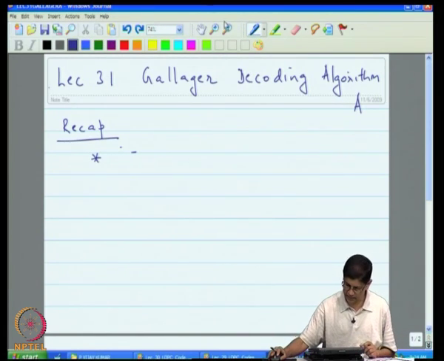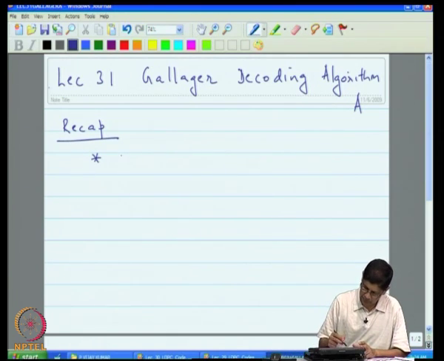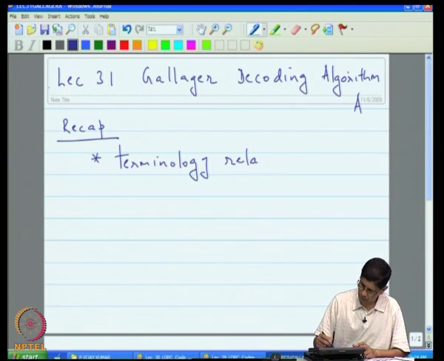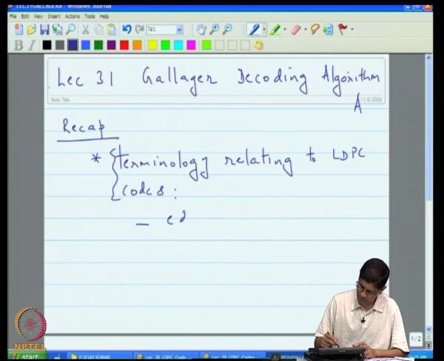So in the last lecture, what we did was we basically introduced a terminology relating to LDPC codes. So, we talked about edges, paths and neighborhoods.